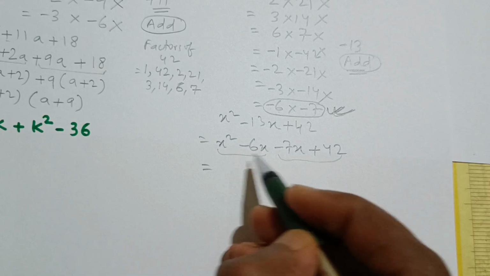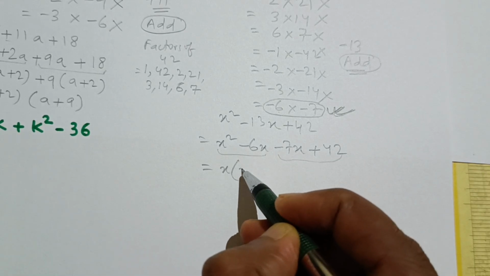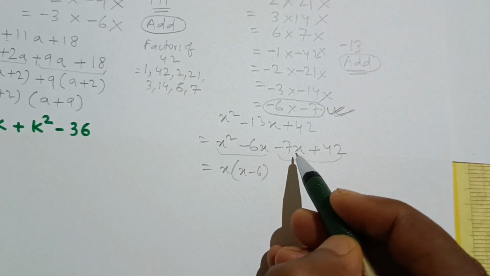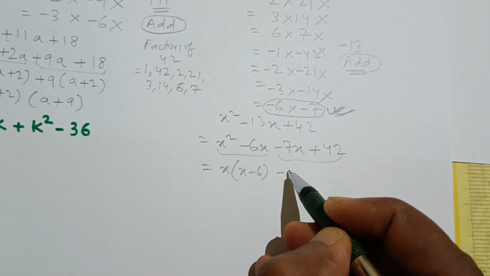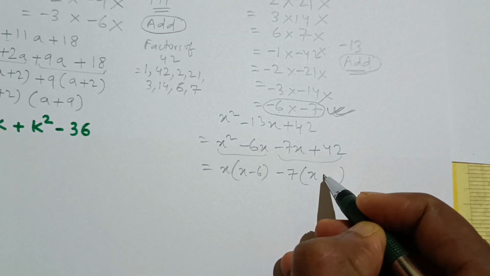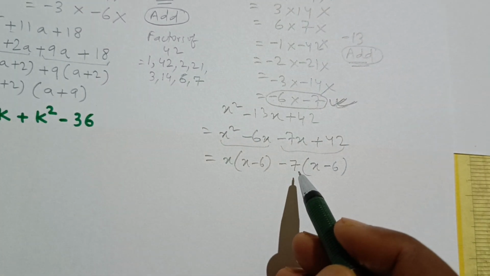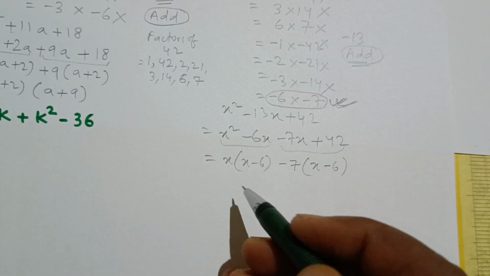So x square minus 6x, x is common, so I will take x outside. So it will be x minus 6. Minus 7x plus 42, so I will take minus 7 outside as common. So it will be x minus 6. So x into x minus 6 minus 7 into x minus 6.